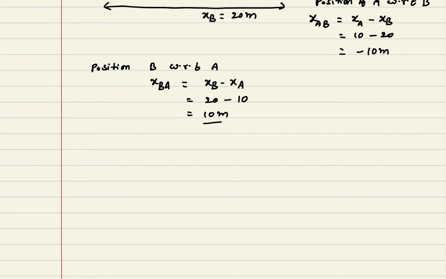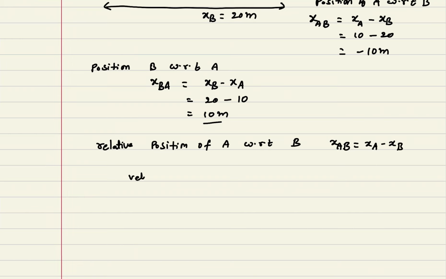So finally, the relative position of A with respect to B can be written as xab is equal to xa minus xb. That's all.